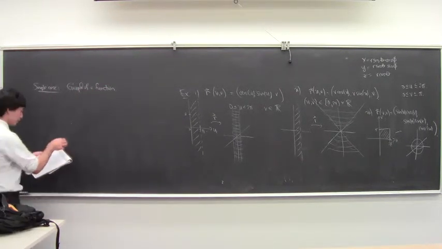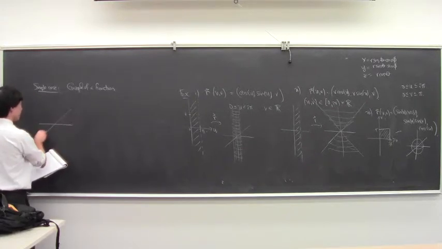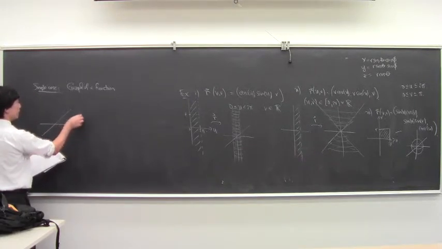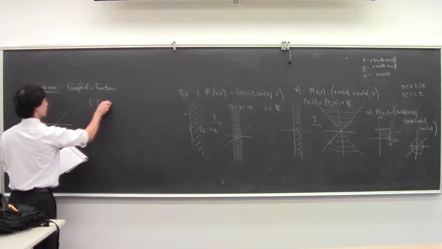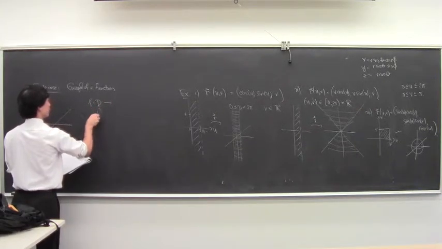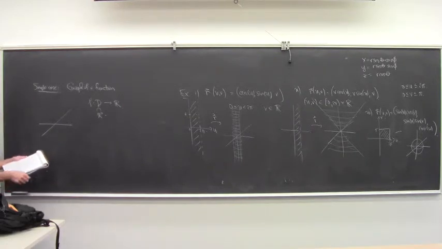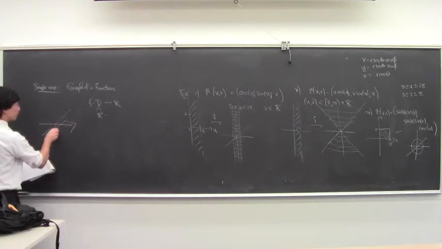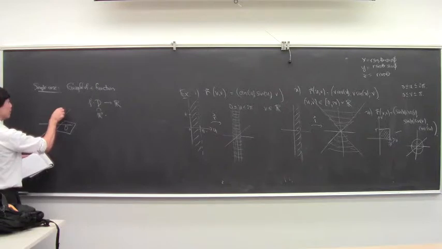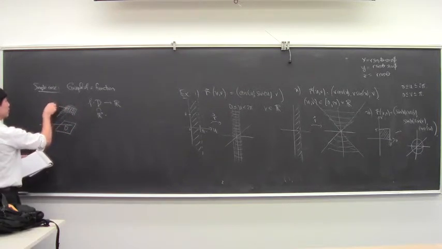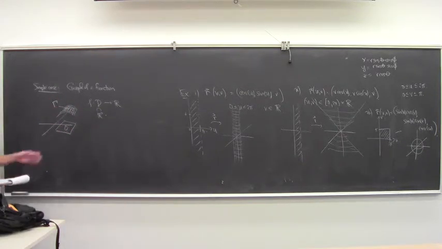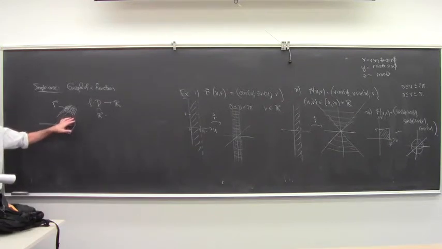Somebody gives you a function on a region D in R2, from R2 to R, and says, here's the graph of the function. Let's call this thing gamma. I'd like you to find a parameterization for gamma.